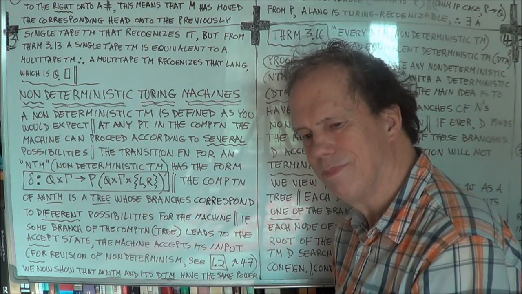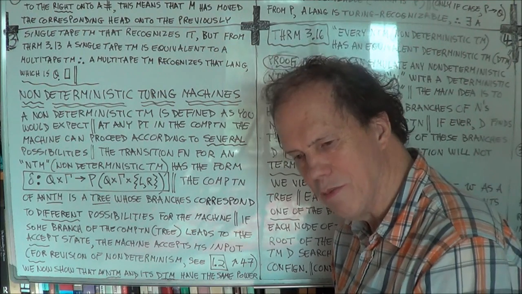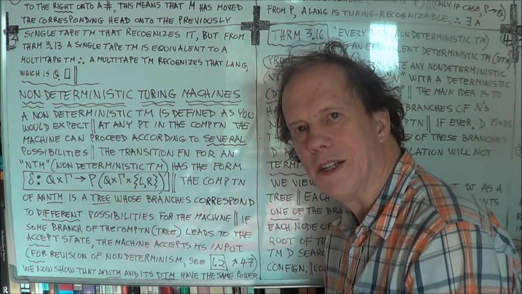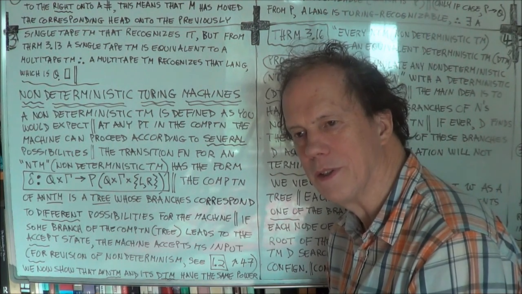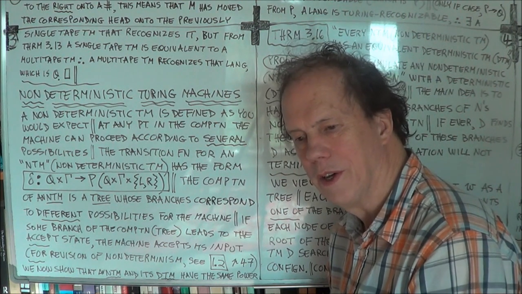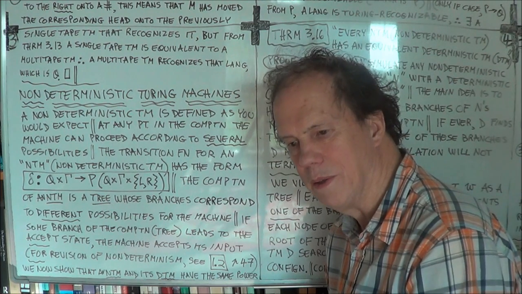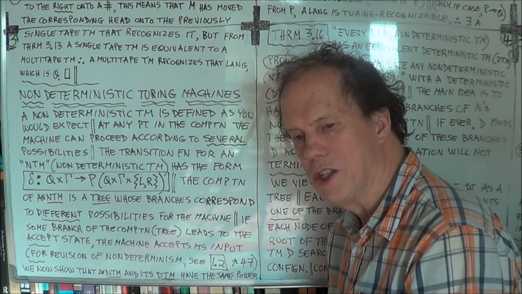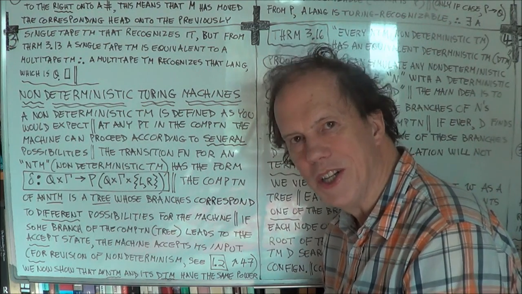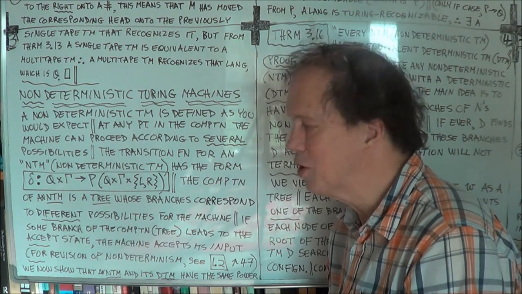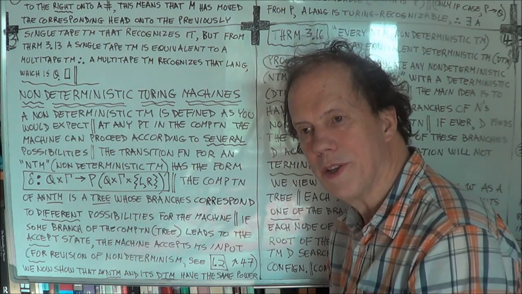Well, this section, if you remember, is on variants, variations, modifications to the standard model, if you like, of the Turing machine. And we've pretty well finished the multi-tape variation, or variant, of the Turing machine. And now we'll do a second major one.